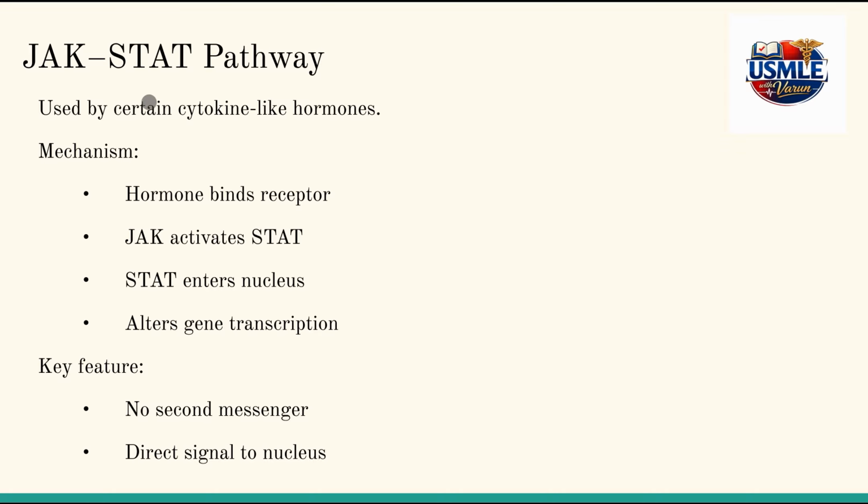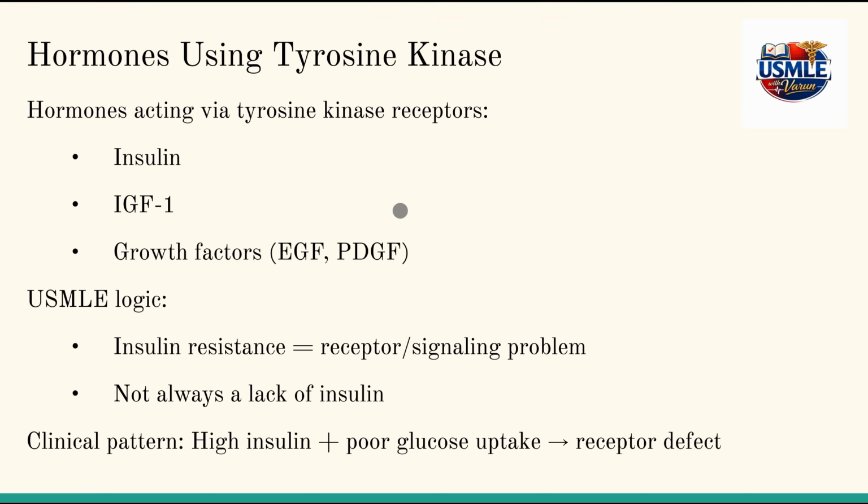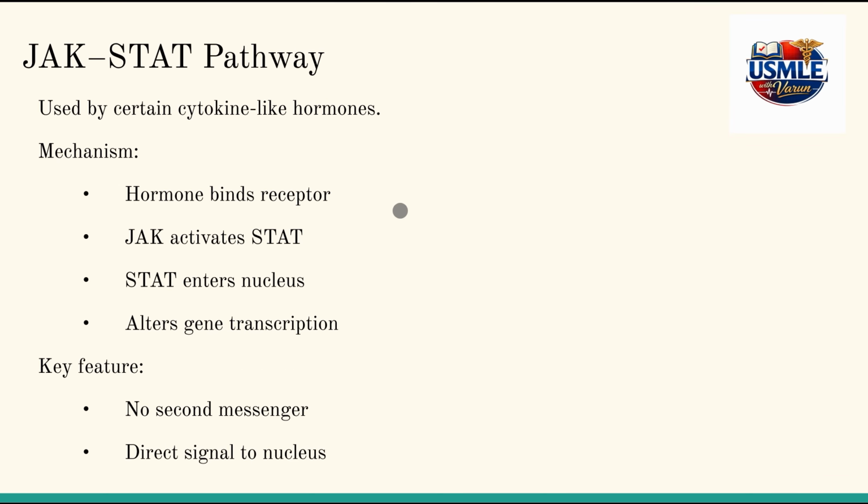Now coming to the JAK-STAT pathway. This JAK-STAT pathway directly transmits signals to the nucleus without the involvement of a secondary messenger. We have discussed cyclic AMP, IP3/DAG, and tyrosine kinase.